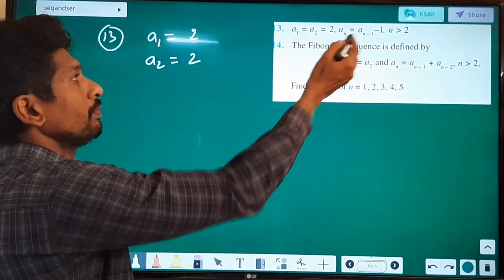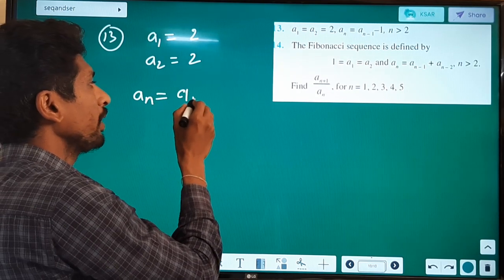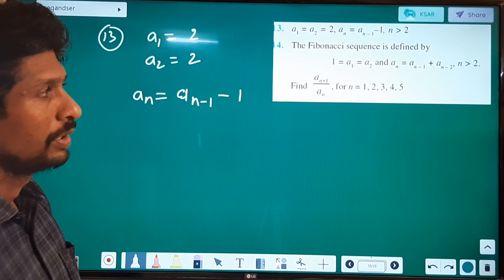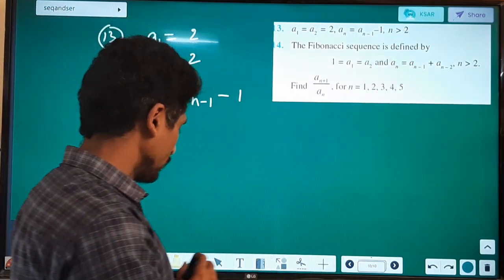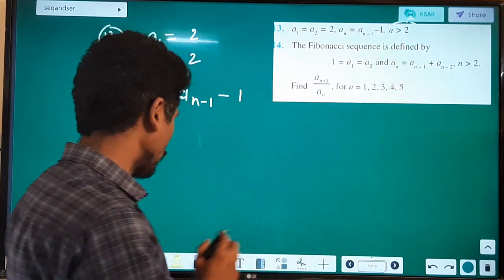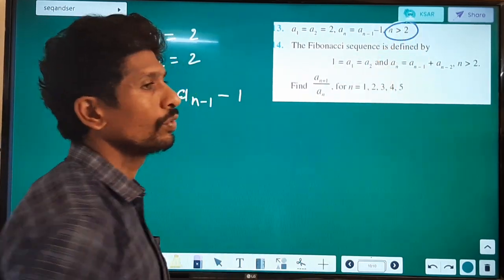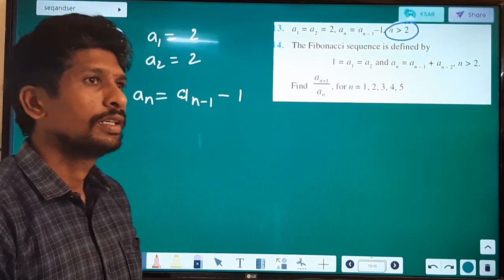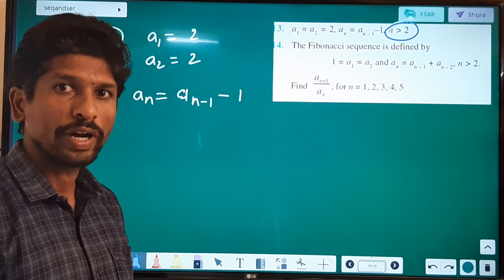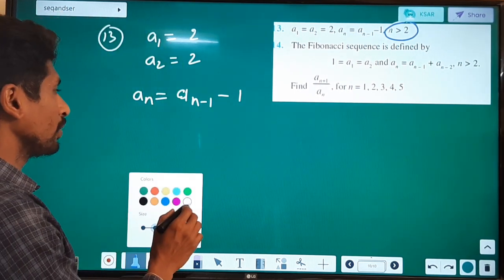Next, An is given as An-1 minus 1. Now let us take n greater than 2. We have to consider n greater than 2, so the next 3 terms are for n equal to 3, n equal to 4, and n equal to 5. Let us consider n equal to 3.